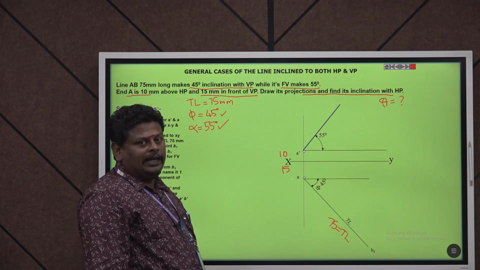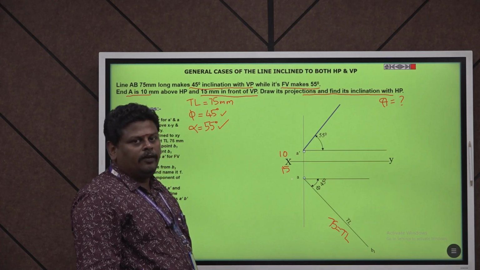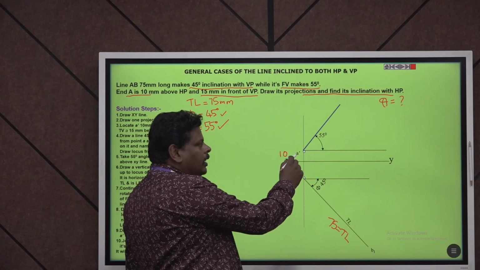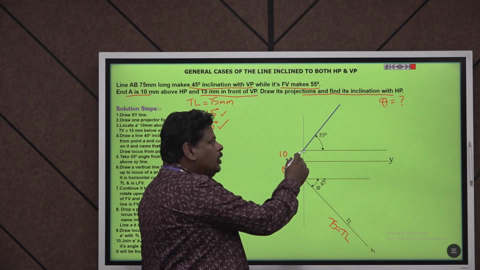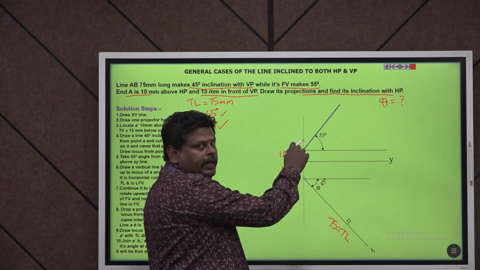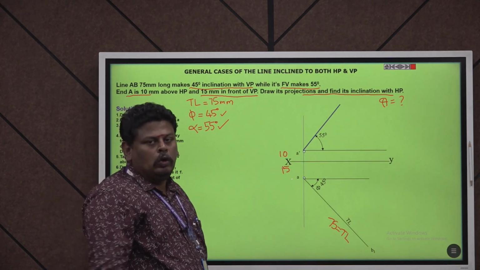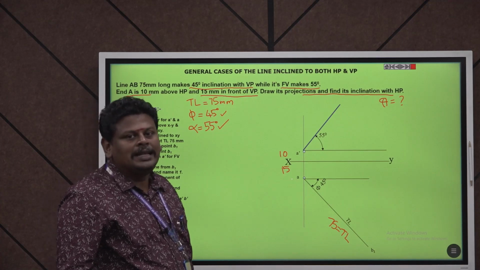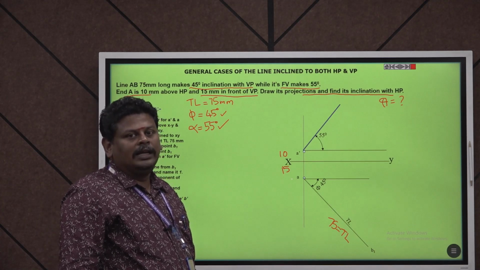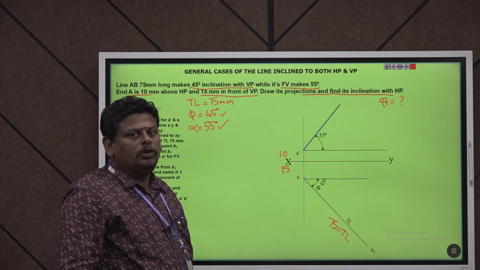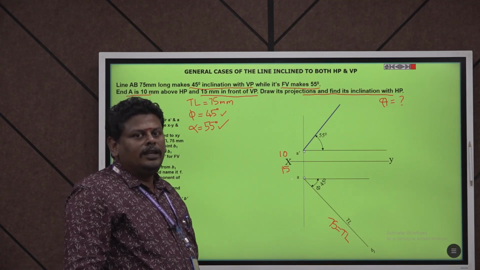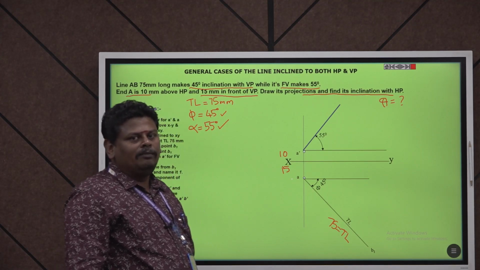This 55 degree inclined line can also be drawn with the help of the mini drafter. Here with the point A dash you can take a 55 degree inclined line. Using the mini drafter you can draw this line. Again we do not know actually where the point B dash lies. The end of the front view we do not know here. So we need to take the data from the top view.